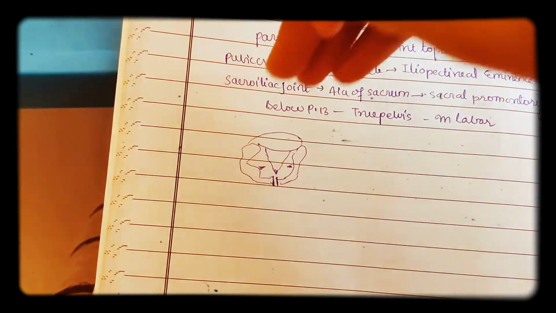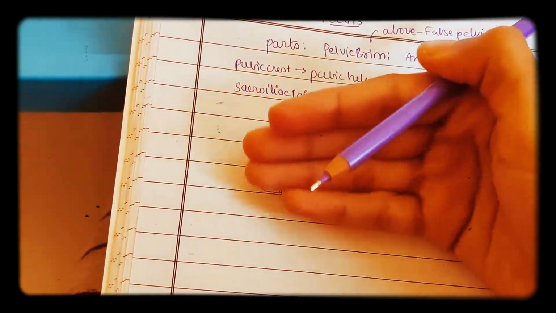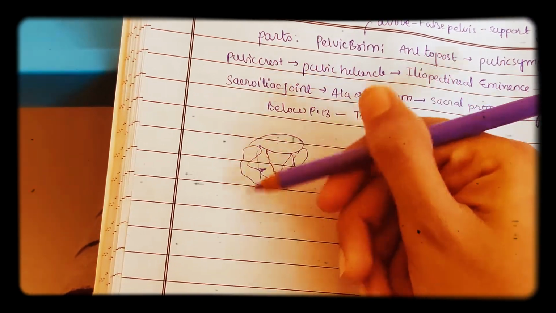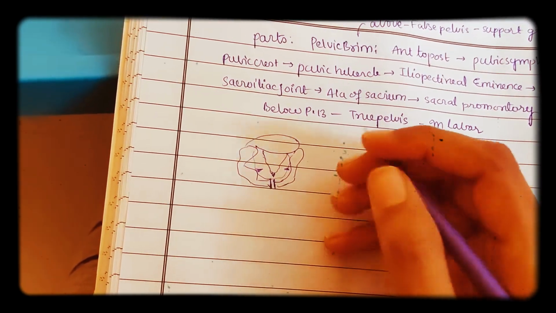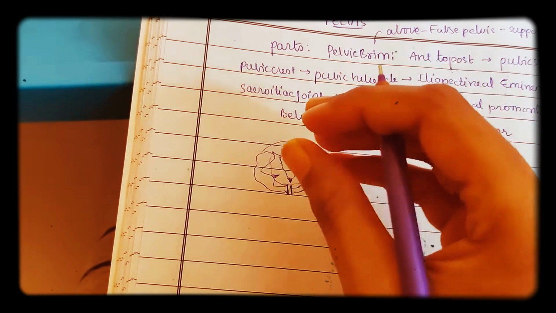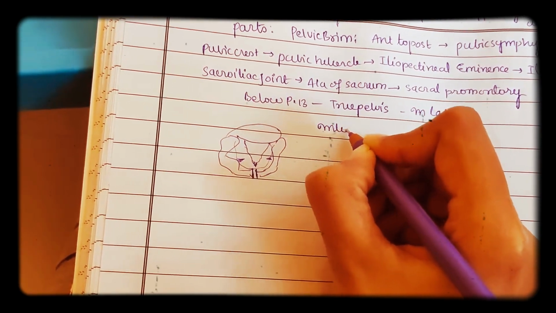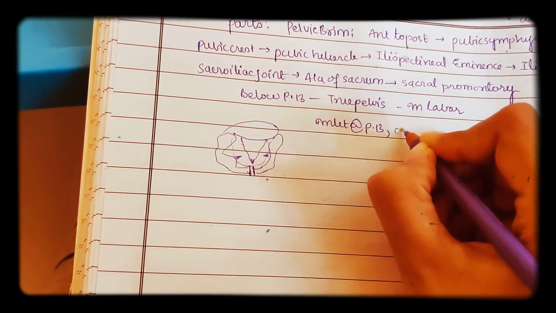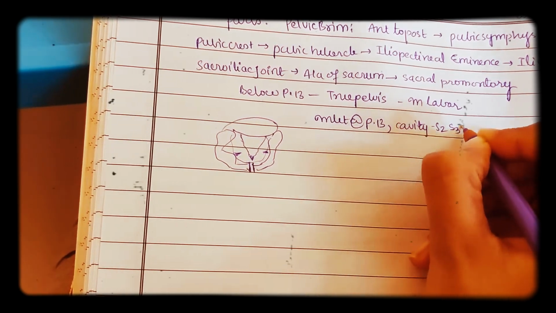This part from which it will enter, this is the pelvic brim. The structures above pelvic brim are false pelvis, below pelvic brim are true pelvis, and it has an inlet which lies at the level of pelvic brim. The cavity lies at the level of S2 S3 vertebra. So let me write here: inlet at the level of pelvic brim, cavity at the level of S2 S3 vertebra.